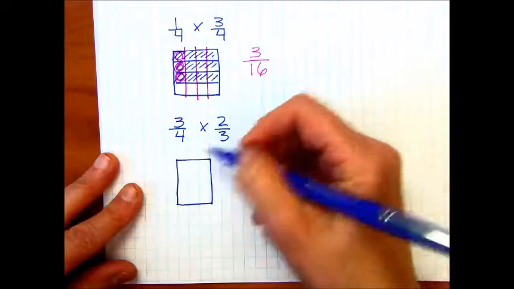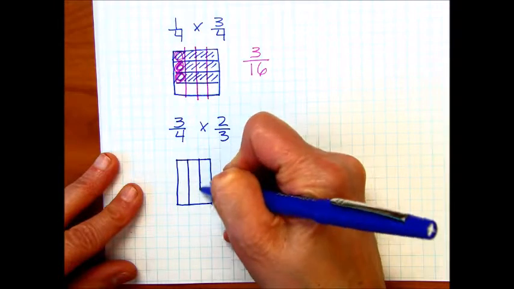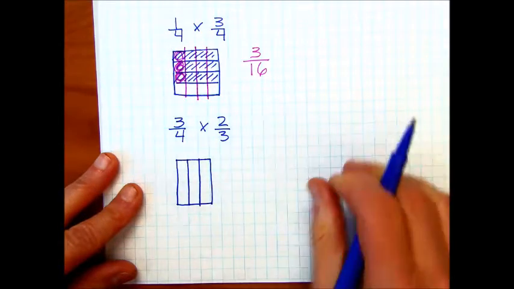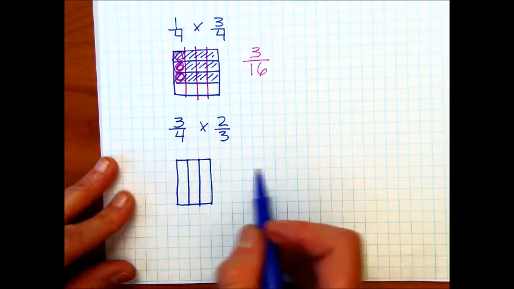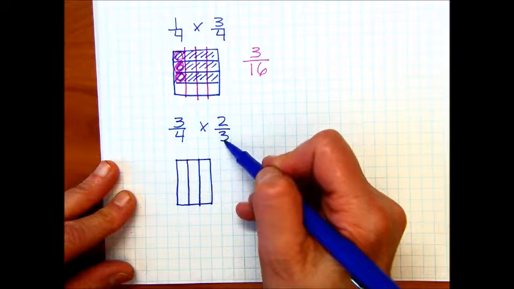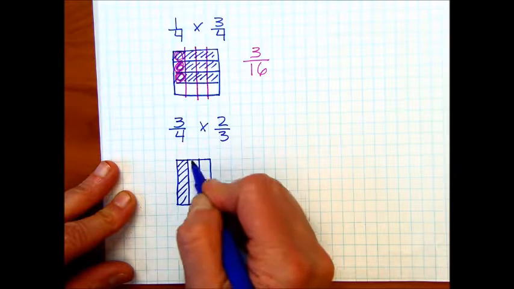In this one, I'm going to represent the thirds in columns, and you could have done rows. You could have made a longer and a shorter width, but that's fine. So 2/3 is going to be shaded in.